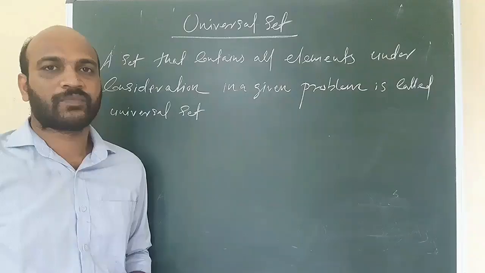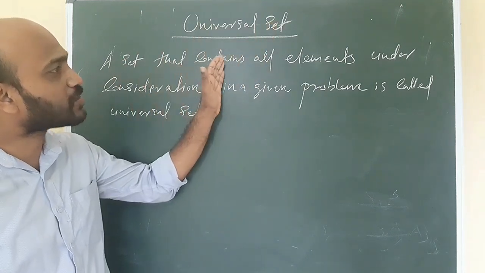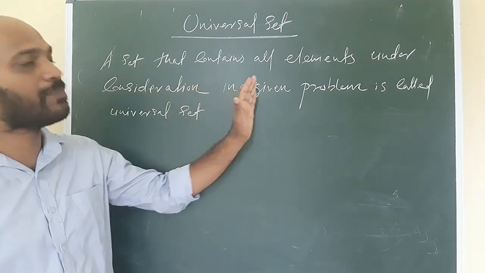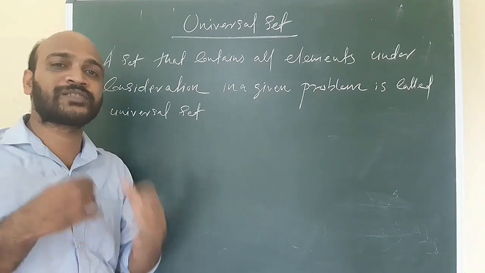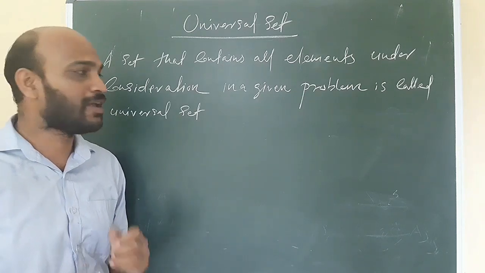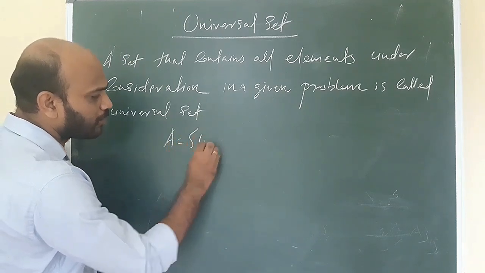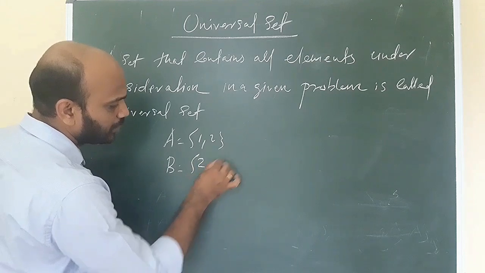That is the answer. One more topic, that is universal set. A set that contains all elements under consideration in a given problem is called the universal set. That means that it is a superset of all the given sets. Okay. For example, A equal to set 1, 2, B equal to another set 2, 3.